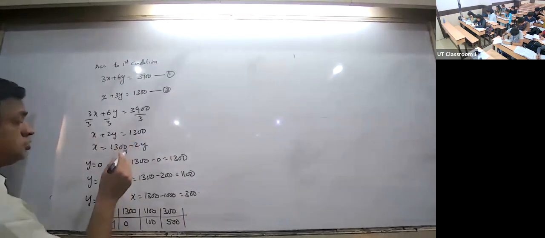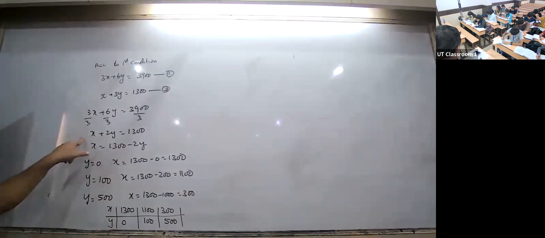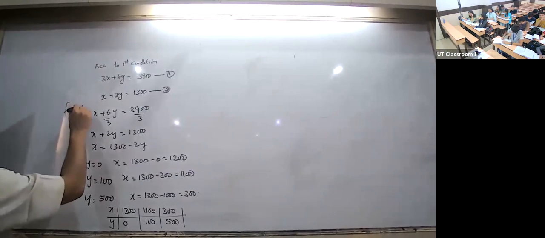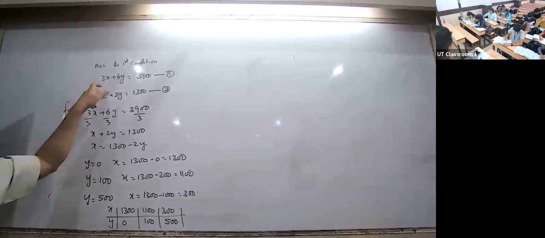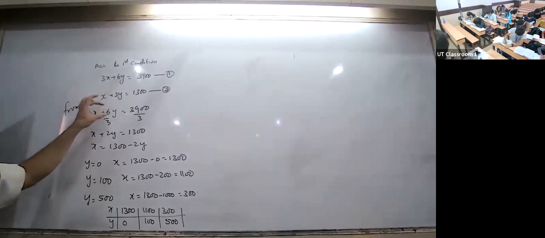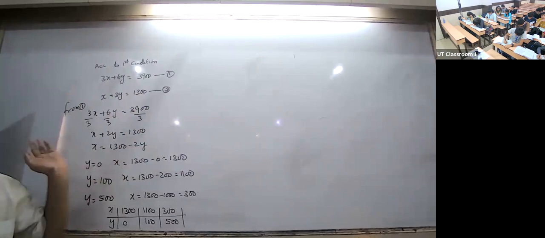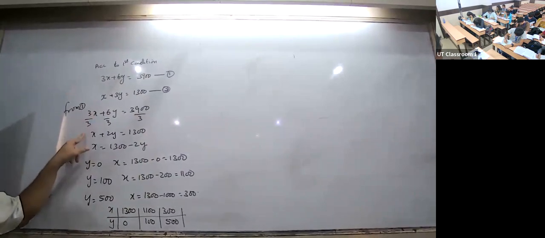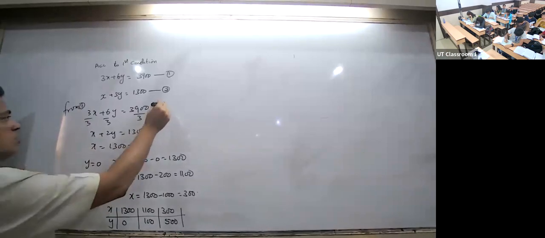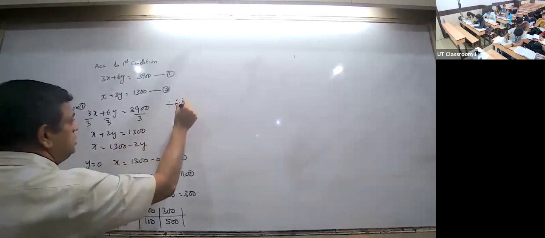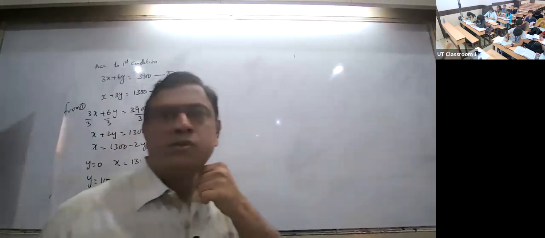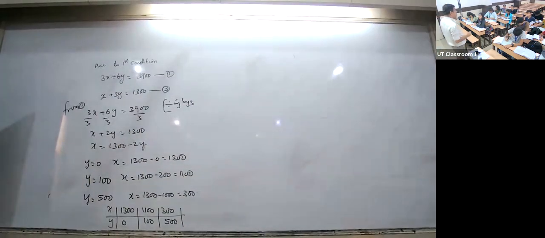This is from condition 1. We have to make the graph of the equation 1 table. This is 3x, so what did we do? We divided by 3 throughout. This is the reason for dividing by 3. Understood or not?